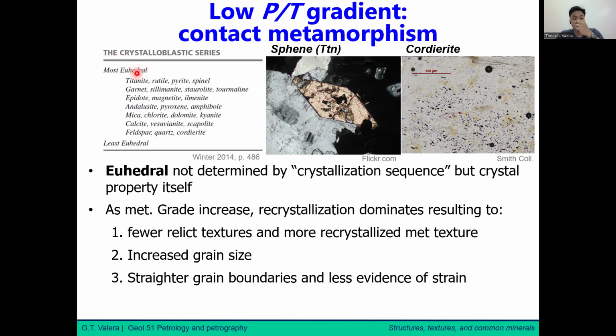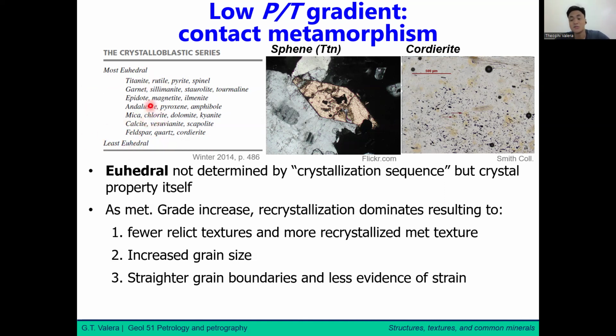Some minerals like titanite, rutile, pyrite, or spinel, whether they crystallize first or last, will always be euhedral, whereas minerals like feldspar, quartz, and cordierite, whether they crystallize first or last, will always be least euhedral, most likely xenoblastic in texture.